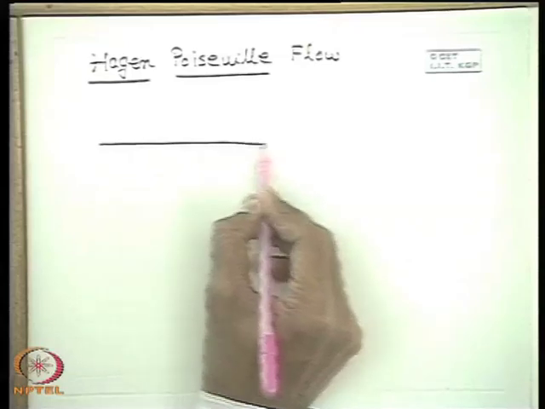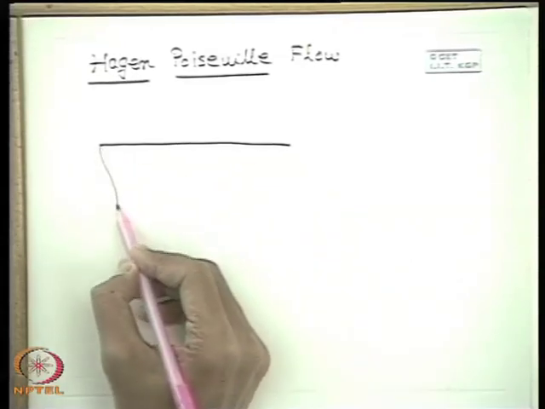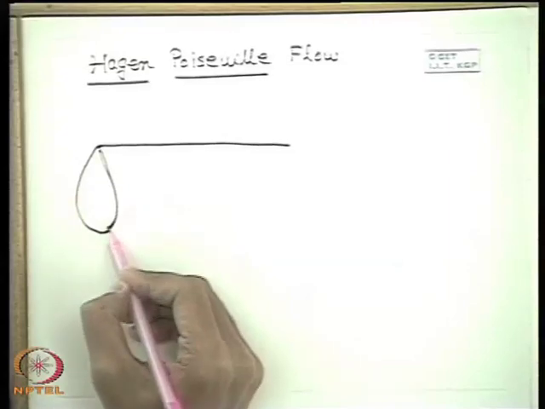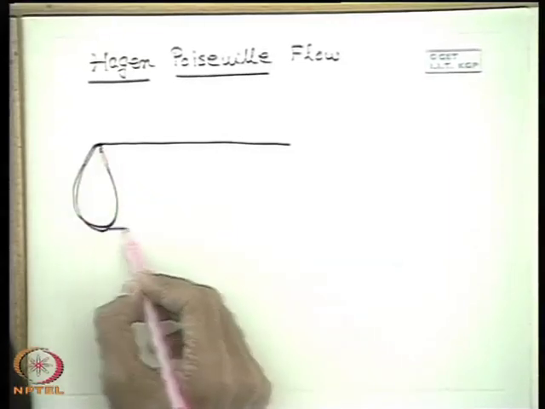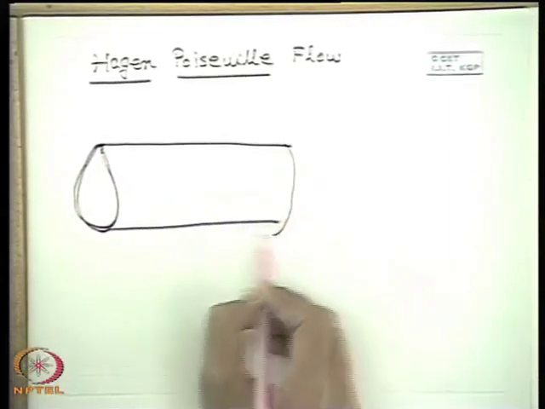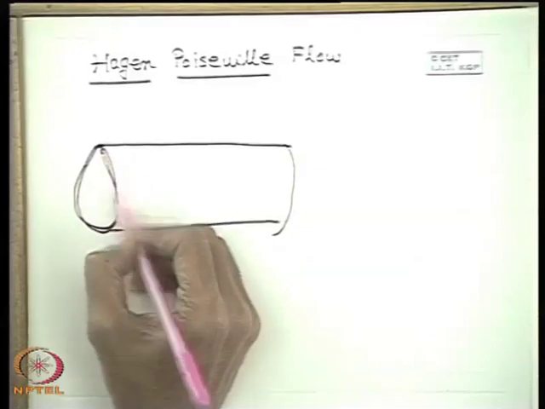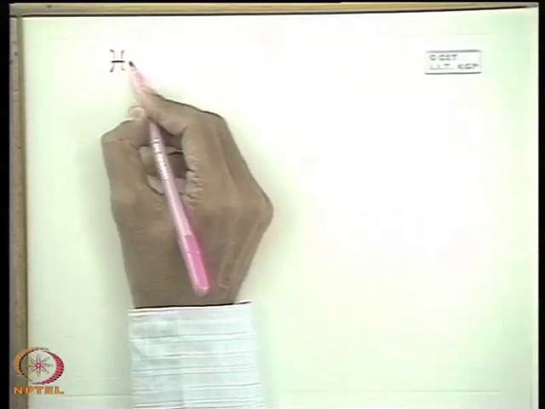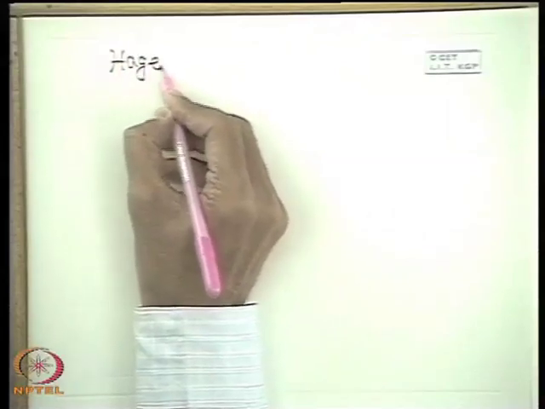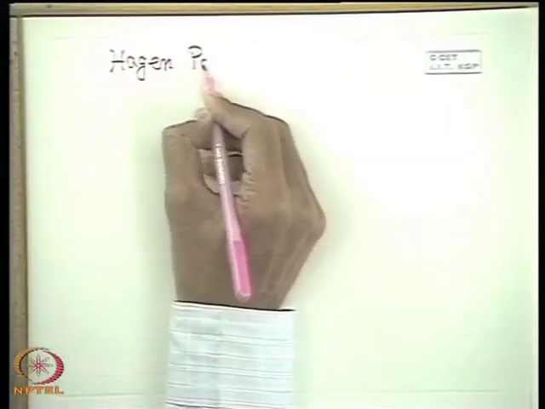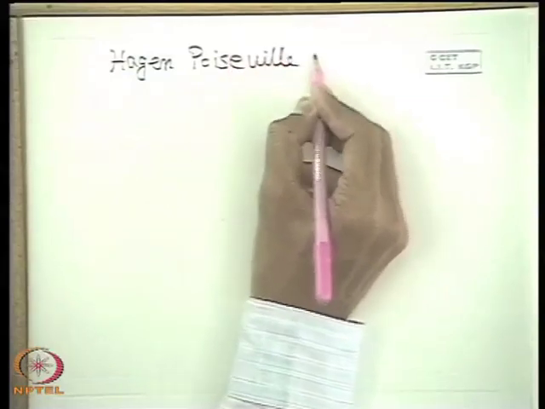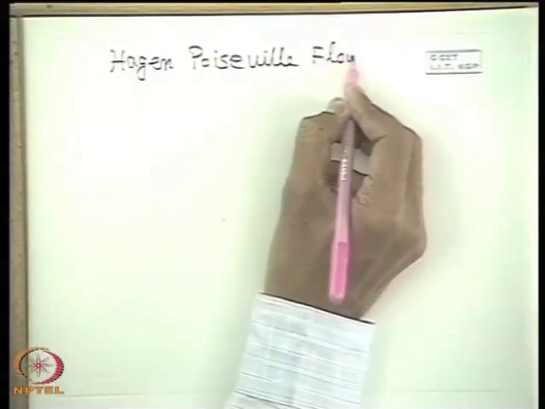So, if we consider a circular tube like this, so this is Hagen-Poiseuille flow.